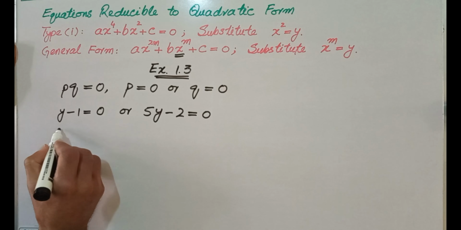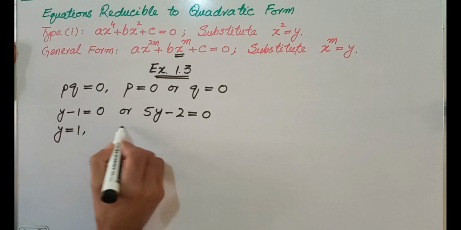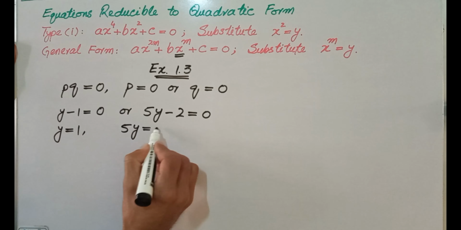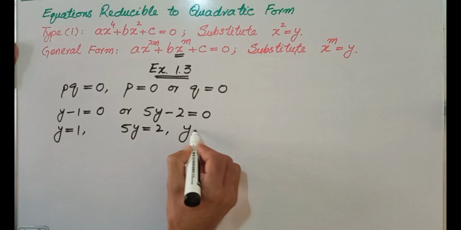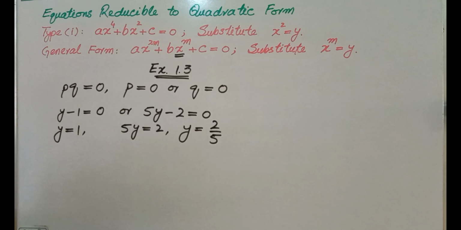From here we get y is equal to 1, and here we get 5y is equal to 2, or y is equal to 2 by 5. Now again we have two values of y. For each value of y we'll get a value for x.